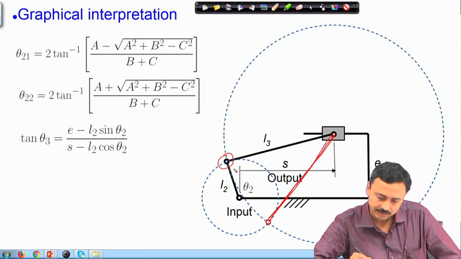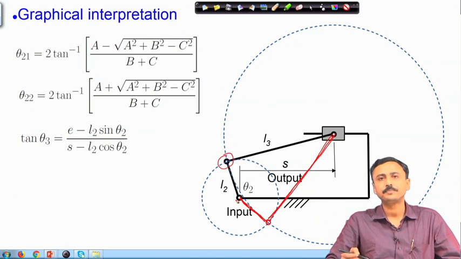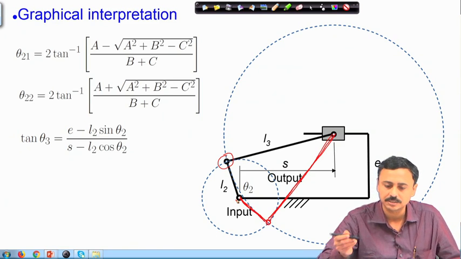So, this is L 3 and this is L 2. So, the red configuration is one assembly mode, the black configuration is the other assembly mode. So, these are the two solutions.